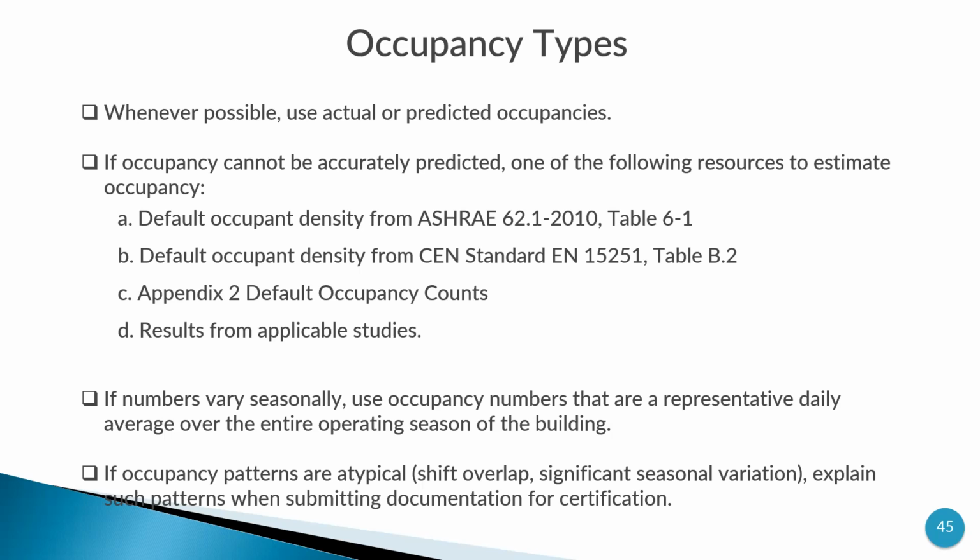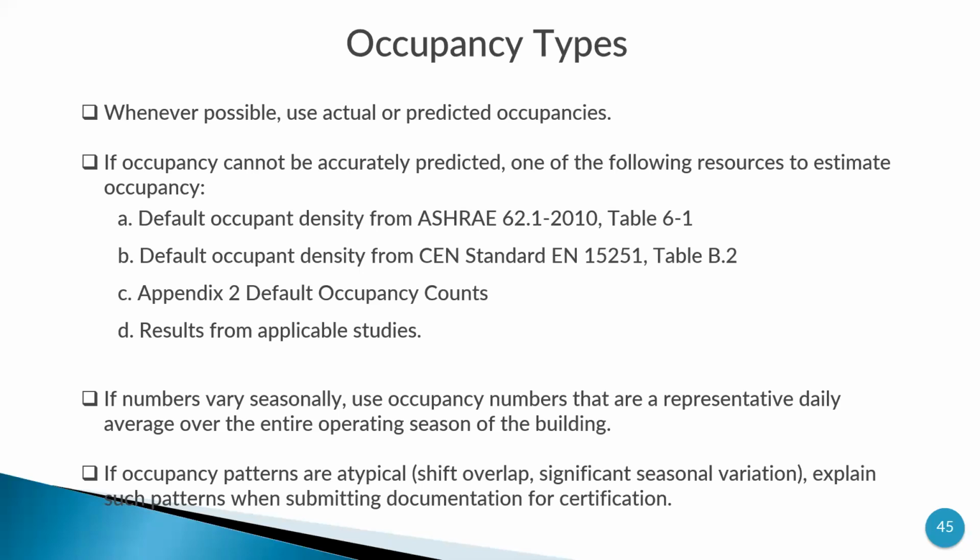Then you will take a default occupant density from which standard? ASHRAE 62.1 2010. Again, default occupancy standard from CEN 15251. Again, default occupancy counts in Appendix 2 and results from applicable studies. So any of these standards, you need to pull it out and put it forward.